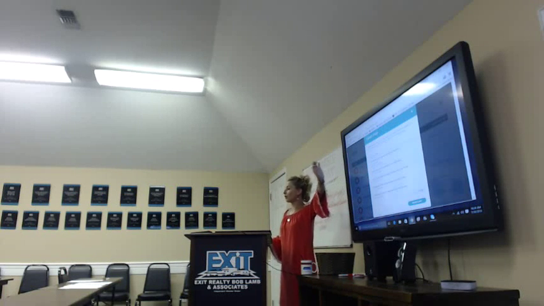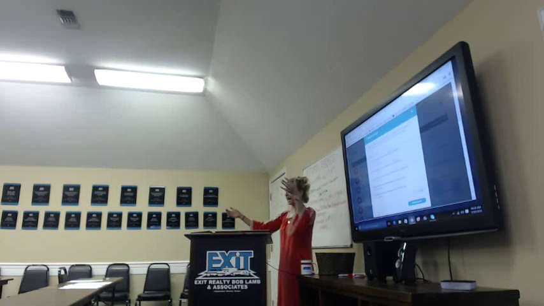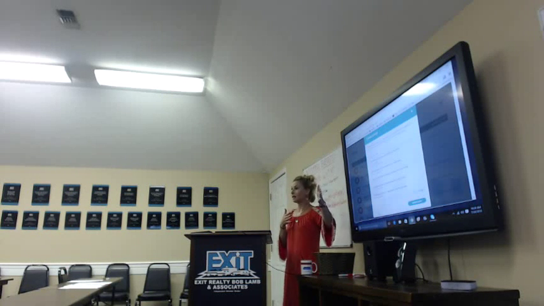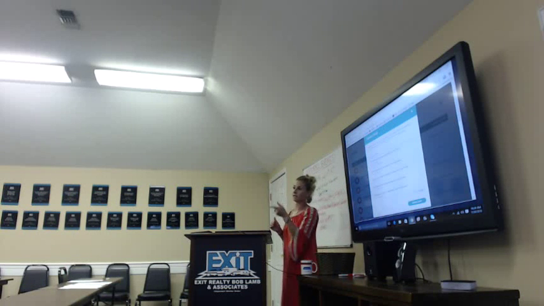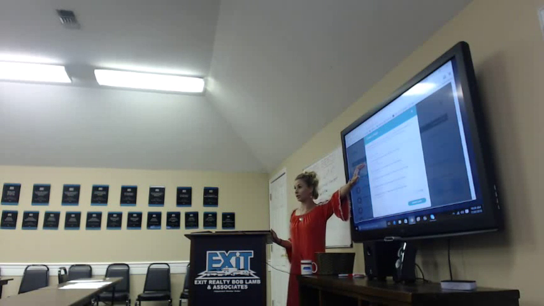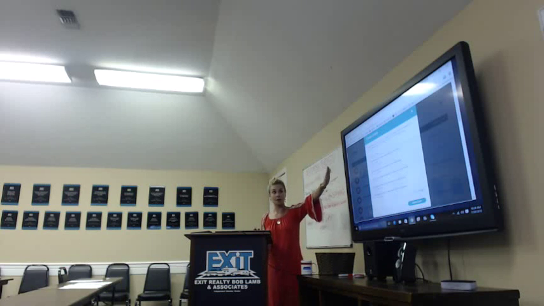This is for if another agent you're working with, say you're on the buying side, has Dotloop and created a listing loop for that same property that you're putting an offer in on, you can link up to their loop. You won't be able to see any of their listing documents. The only thing you'll be able to see is what they share with you. So if you're working with another agent that has Dotloop, you can link up there, and it makes going back and forth a little easier.